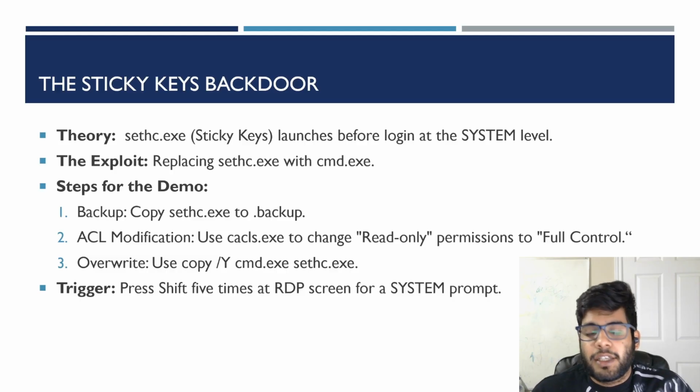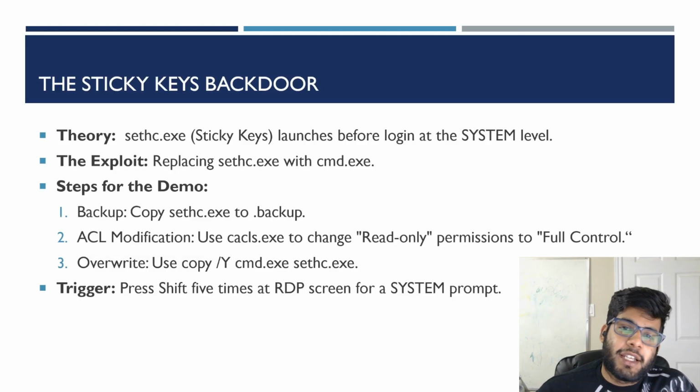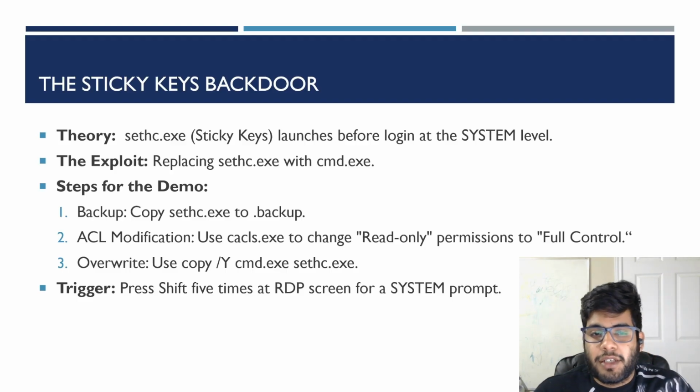Then when we do the RDP connection, the RDP has to be on in the destination machine. If RDP is not on, then there's no point in doing the web shell backdoor. So we'll get a powerful admin-level CMD inside the machine just using a simple exploit in the web server.